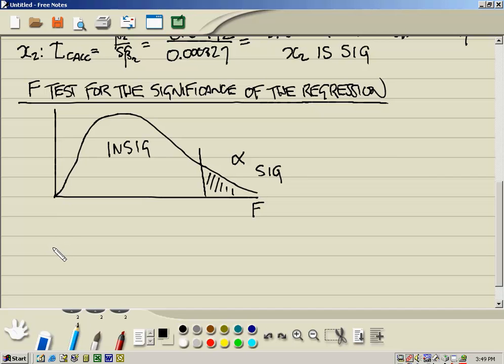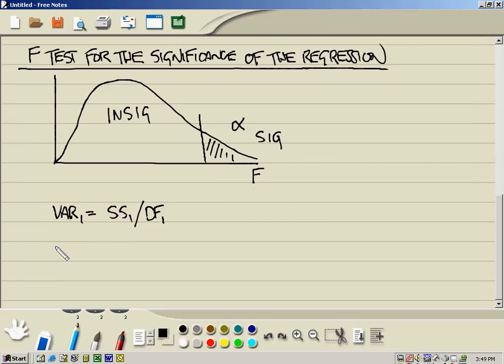Alright, remember I told you a little while ago that any estimated variance, say some concept called variance 1, is some appropriate sum of squares divided by its respective degrees of freedom. Well, it turns out that the F calc is the ratio between two estimated variances, say variance 1 and variance 2.